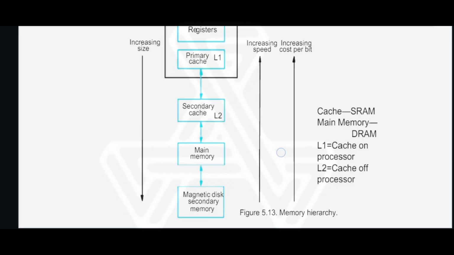Going down the hierarchy, size increases, speed decreases and cost per bit decreases. Cache is SRAM, main memory is DRAM, the L1 cache is on the processor and the L2 cache is off the processor.